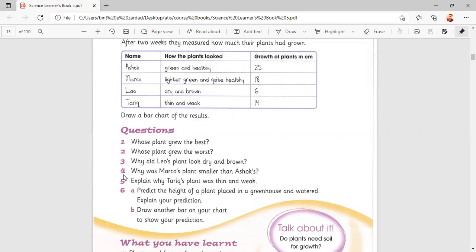Number 4. Why was Marco's plant smaller than Ashok's? His plant got very little light, and it was under the bed. That's why.